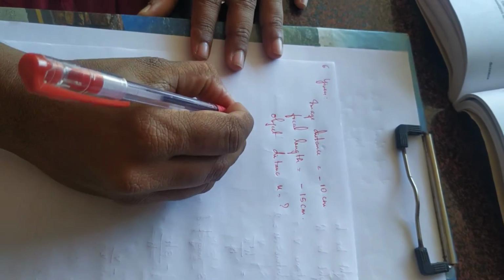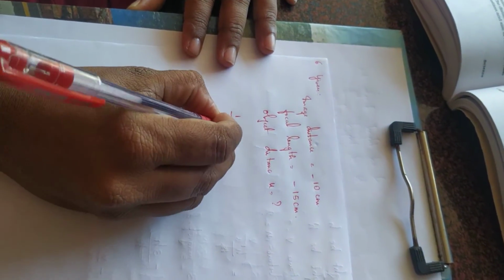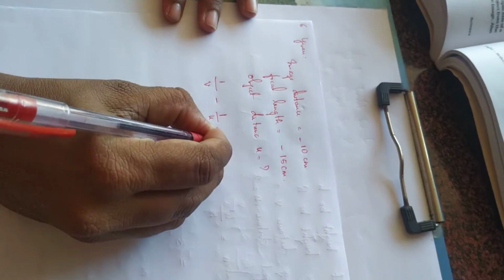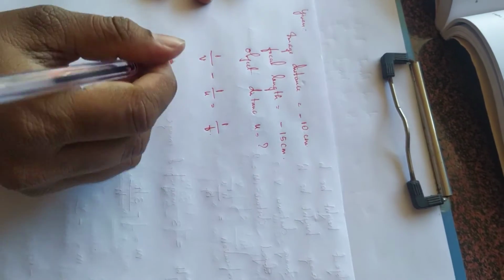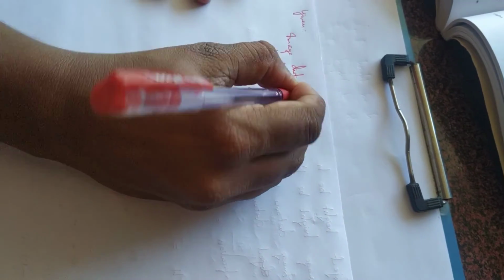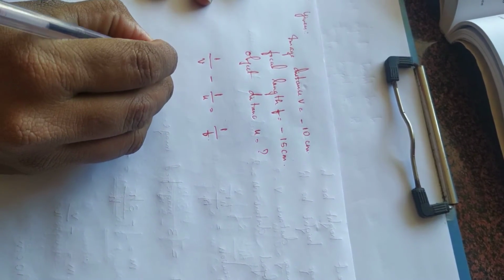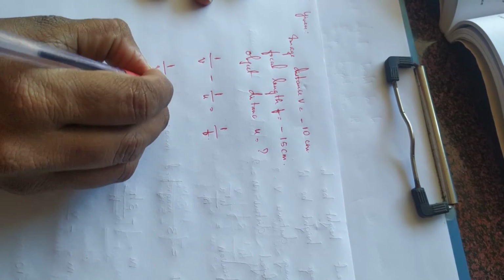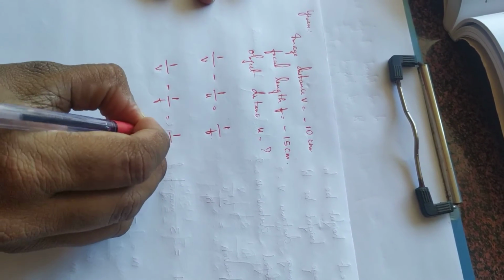So we have the lens formula, 1 by v minus 1 by u is equal to 1 by f. We have f and v. 1 by v minus 1 by f is equal to 1 by u, right?